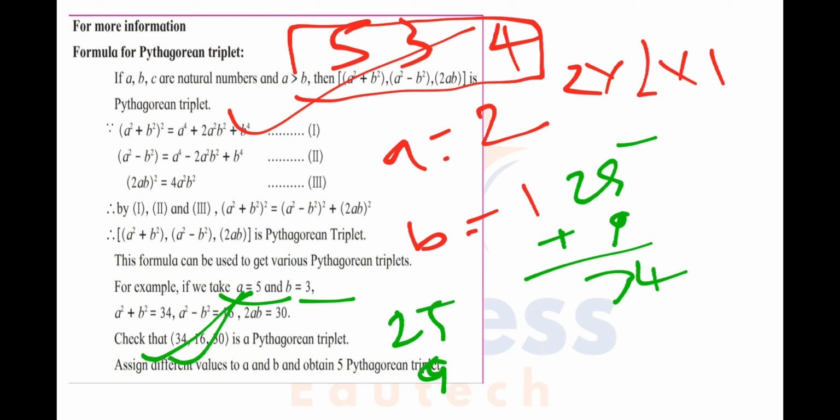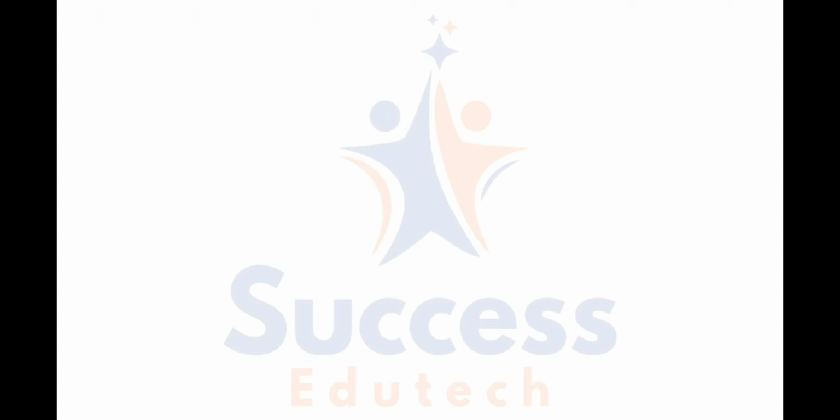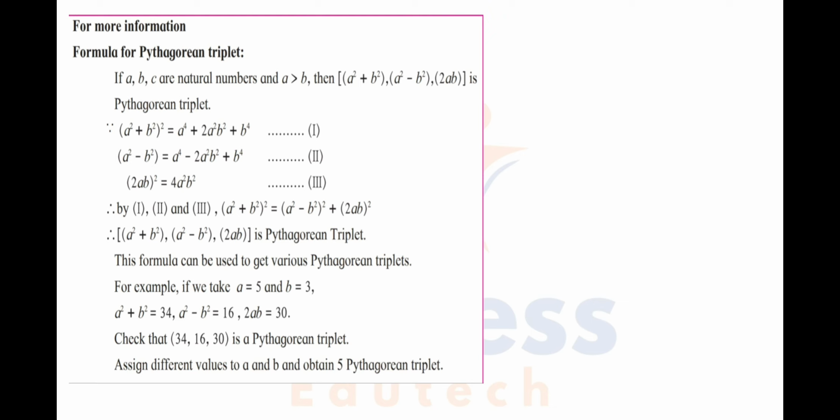This is your second number. Now twice AB, where A is 5 and B is 3. 5 threes are 15, into 2, that gives 30. So this number combination is my Pythagorean triplet.